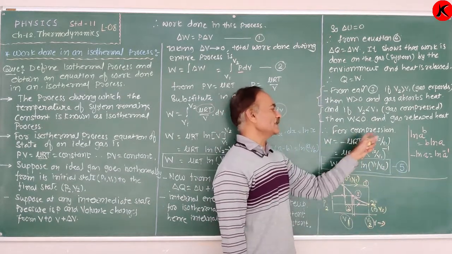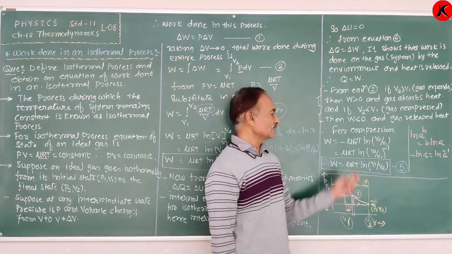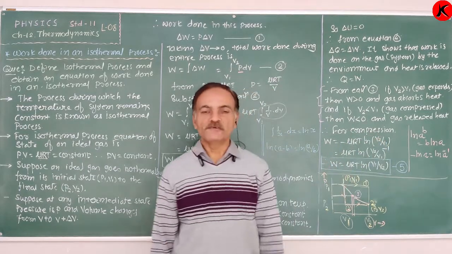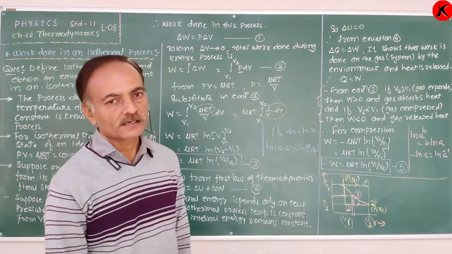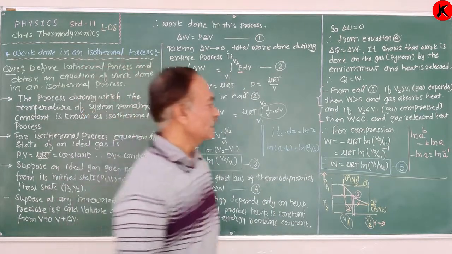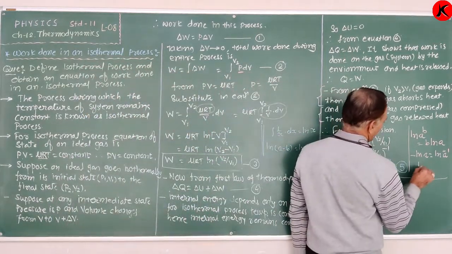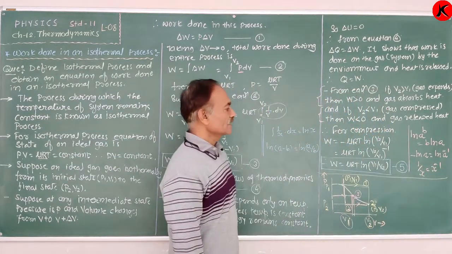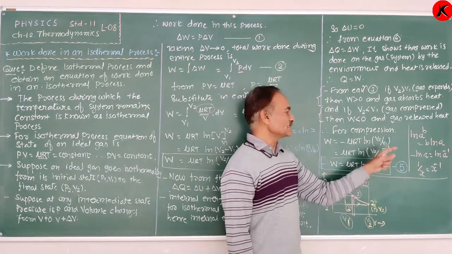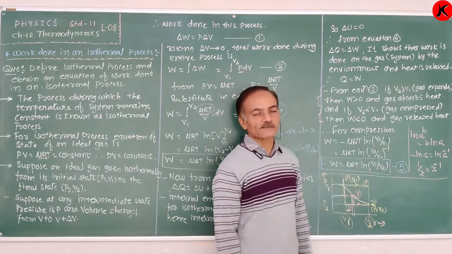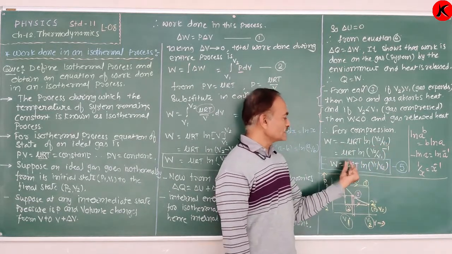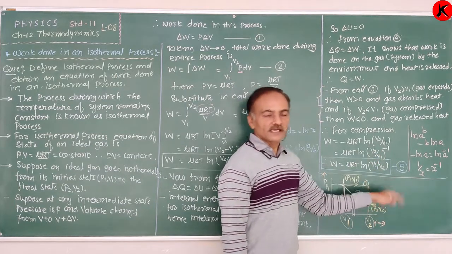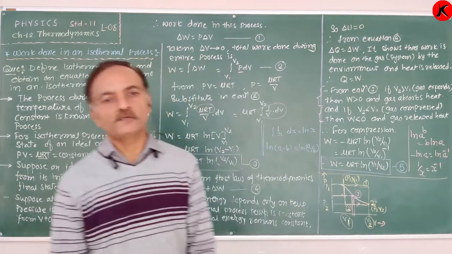Minus sign mu RT ln V2 upon V1. Therefore mu RT as it is, and this minus sign becomes the power of V2 upon V1. Right? And also we know that 1 upon x is equal to x to the power minus 1. Using this concept, here the power is minus 1, therefore there is the reciprocal. Therefore W is equal to mu RT ln V1 upon V2.